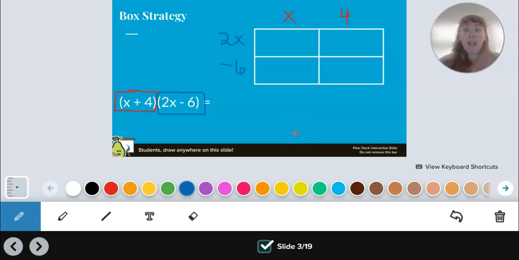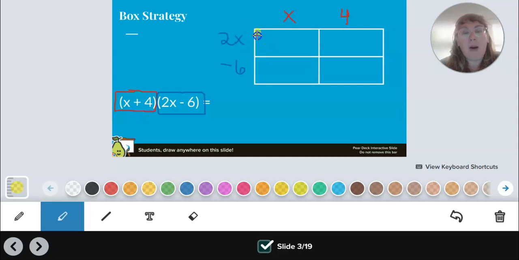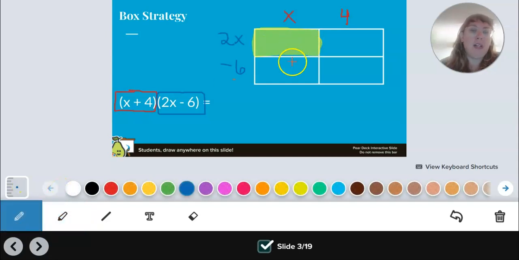And so now we've put them outside of the boxes, and now we work within the boxes and multiply to get all 4 terms. So here's our first one, which is 2x times x, which gets us a 2x squared, because x times x is x squared. So we just multiplied this times this to get that first box.